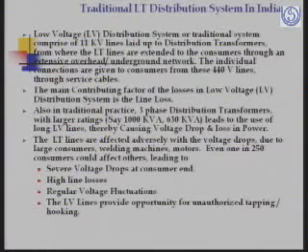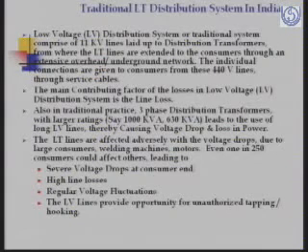This type of system has been contributing to very high losses in our system. As you all know, the transmission and distribution losses in our country are of the order of 31%, and that too are very high as compared to what is prevalent in other countries, the advanced countries of the world, where the losses are of the order of 6 to 11%.